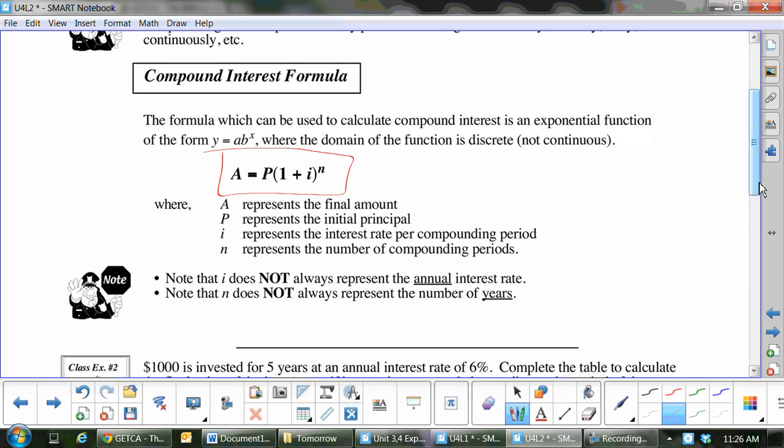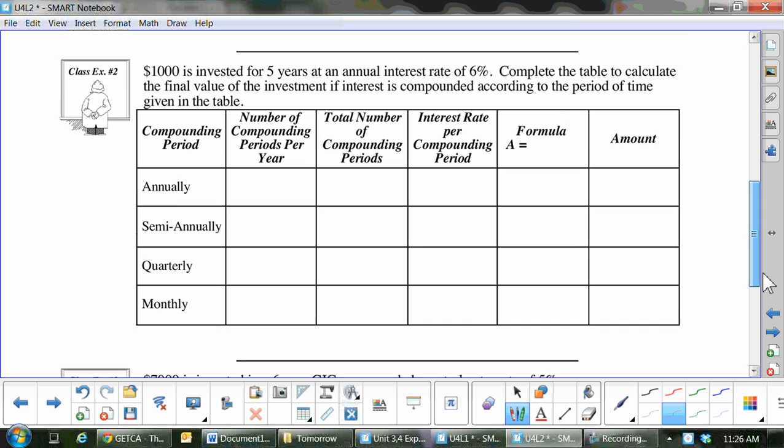And n is obviously a valid piece of information because that's number of years. Okay? But we need to talk about a few things, and that's this chart. I'm just going to use this one example to help do this one chart, because look at the compounding periods on the side. They're all different. We have to know how to deal with them.